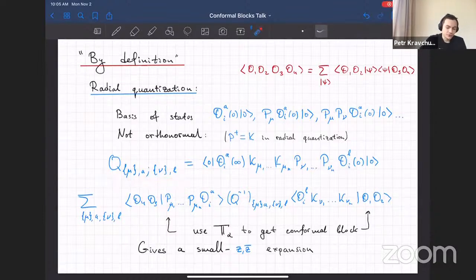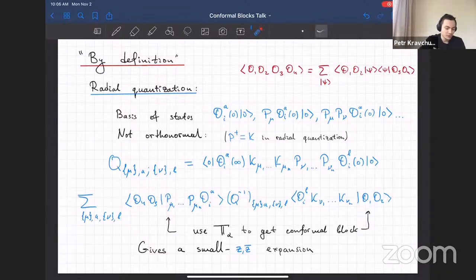Once we know this matrix, we can compute its inverse, and the sum over states becomes the sum over all the indices with this inverse matrix inserted. We can then compute it because these things are 3-point functions. Acting with conformal generators is just taking some derivatives of these 3-point functions.